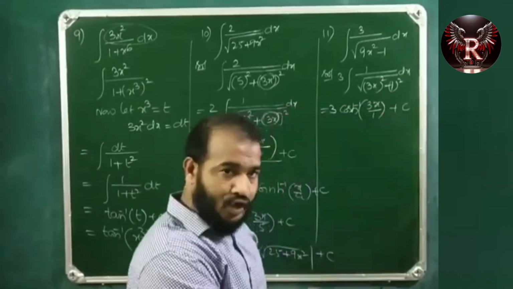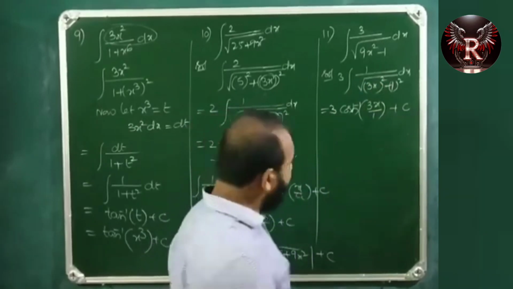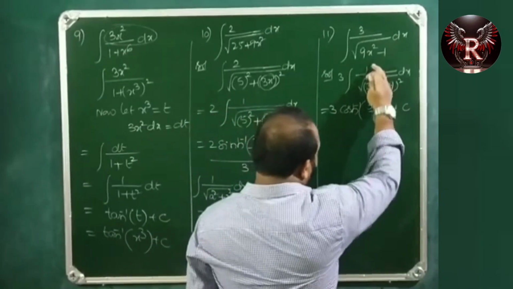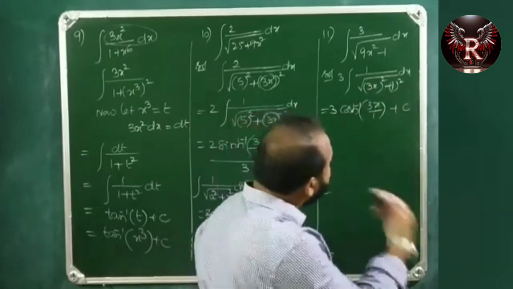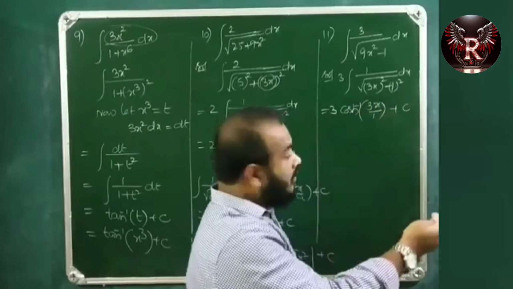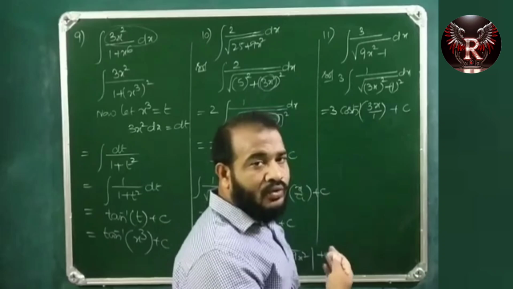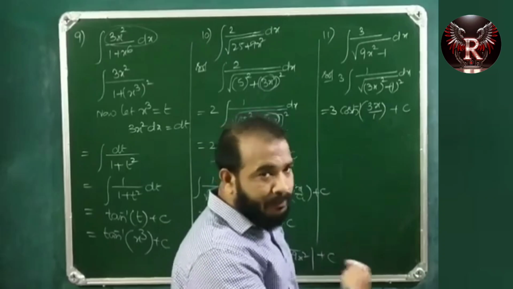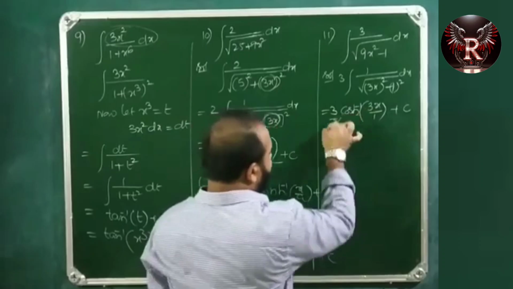Is that sufficient? No. Since we have treated 3x to be x, only then has it become the integral of 1 by root of x square minus a square, cos h inverse x by a, where x is 3x and a is 1. So since 3x is treated to be x, we need to divide by d by dx of 3x. This is 3, so the 3 gets cancelled.